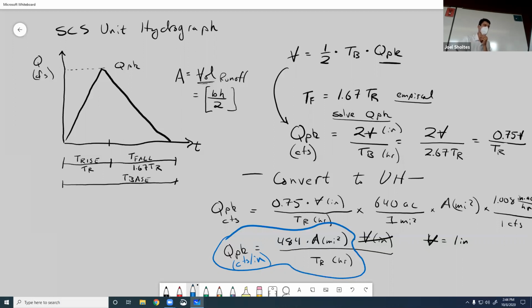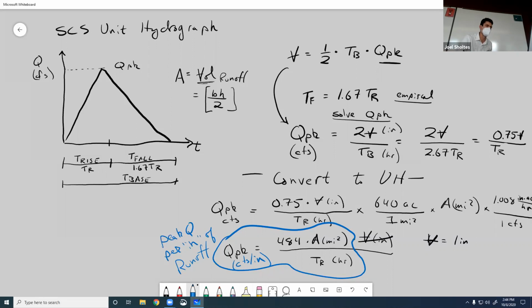So peak discharge per inch of runoff volume. Any questions so far? This is a kind of a basic equation.